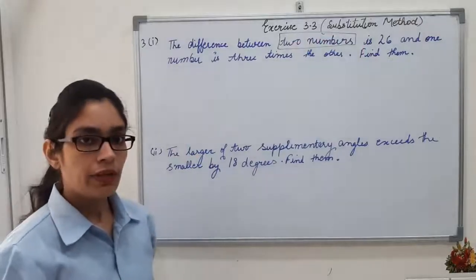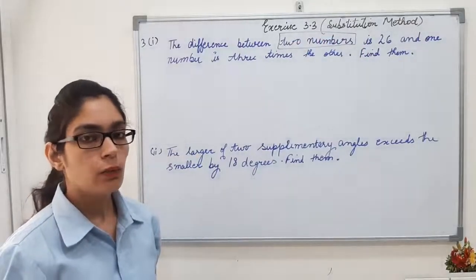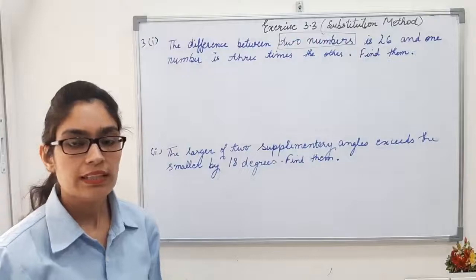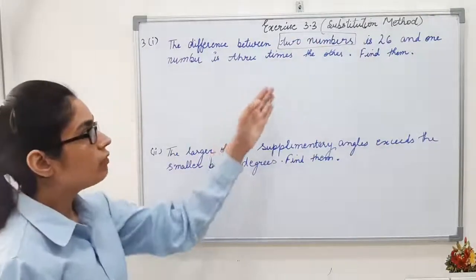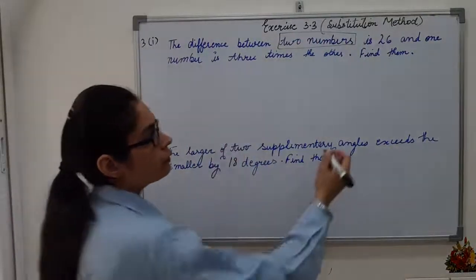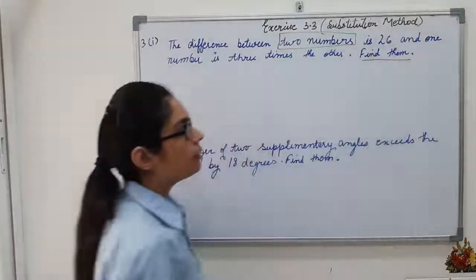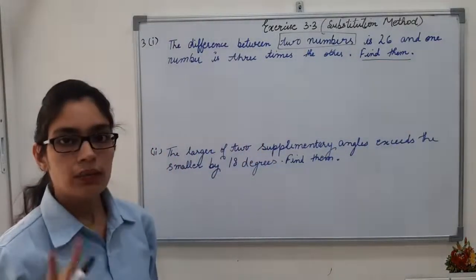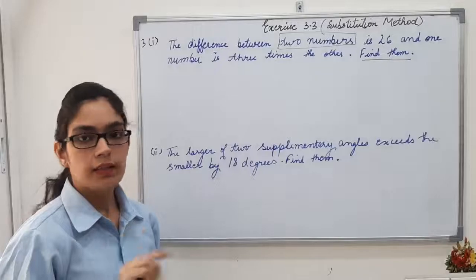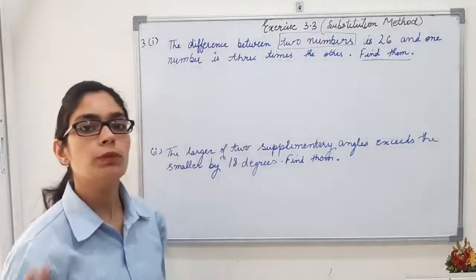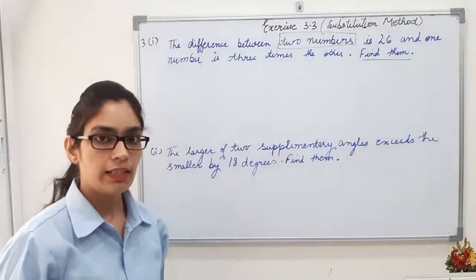The reason is that we are doing equations in two variables, so two things we have to assume. Whichever two things they are asking, now it's clearly written, they are asking us to find the two numbers. So it's understood we have to assume those two numbers as our variables.